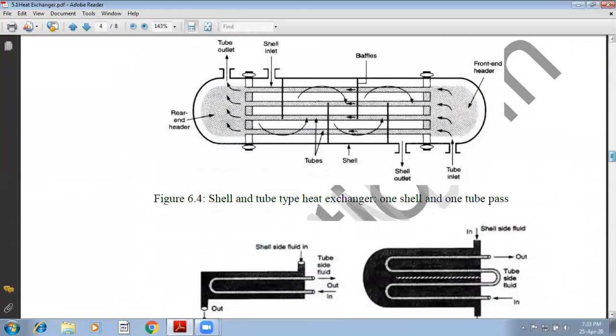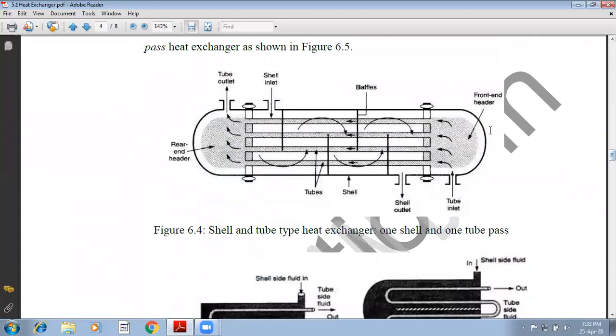Now this is the shell and these are the tubes. If you see here, let us consider inside the tube we are passing hot gases and in the shell we are passing cold water. There are two fluids, one is hot gas and the other is cold water.